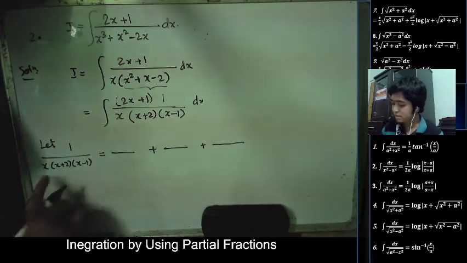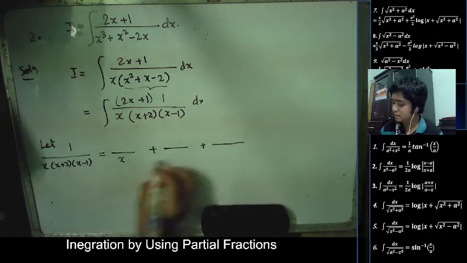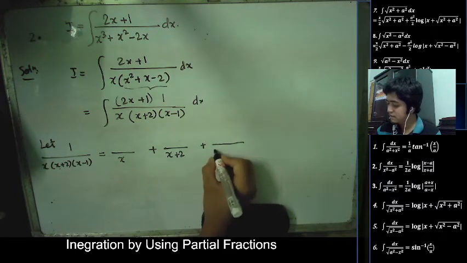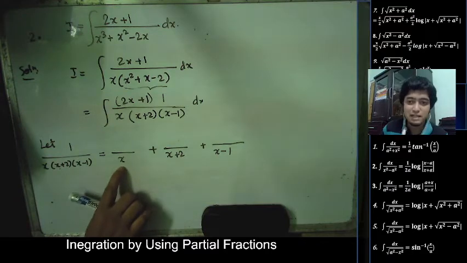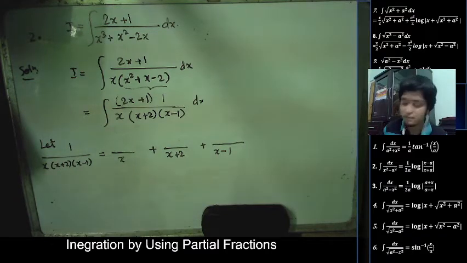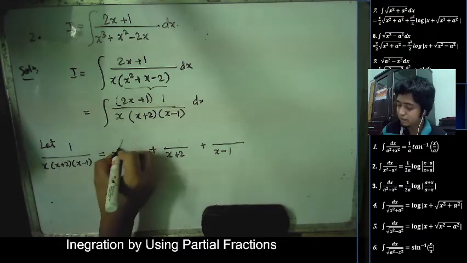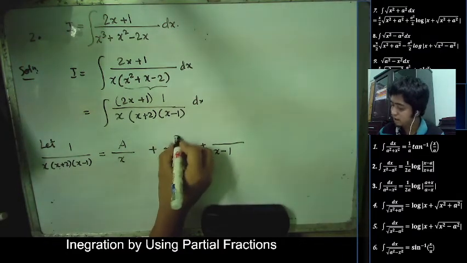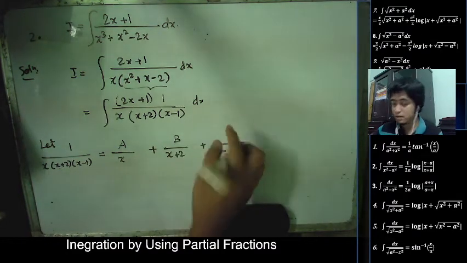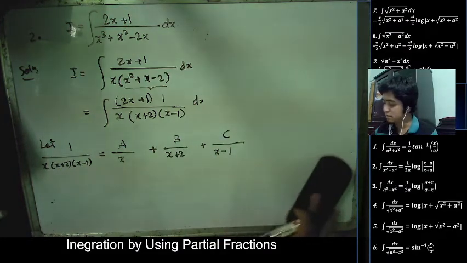So we will just write x plus 2. We are having 3 factors and x minus 1. Again, this one is a linear polynomial because it is of degree 1. So over here I will write down a constant. Linear constant, linear constant. So this is what we are having.